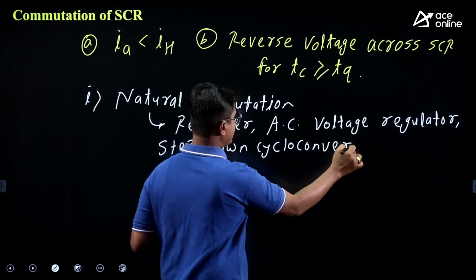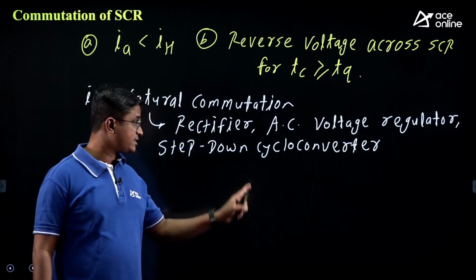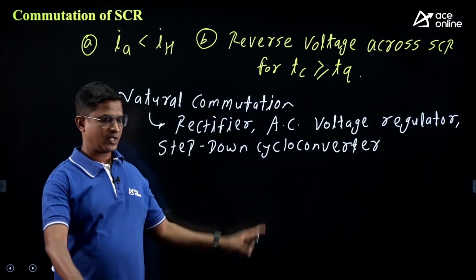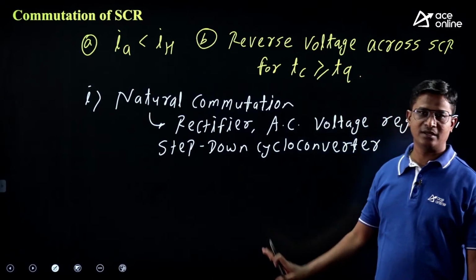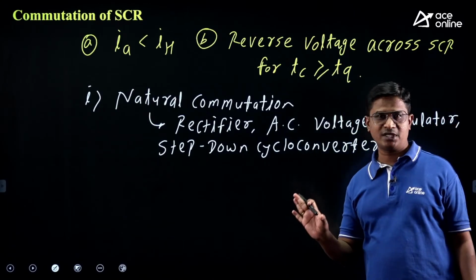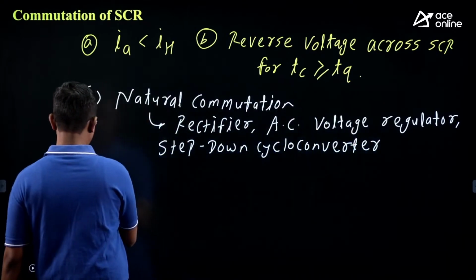In these circuits, natural commutation is used. Only in step down cycloconverter, no step up. In case of step up cycloconverter, you require a forced commutation. Sometimes they ask the question, right? So be careful. Second is forced commutation.